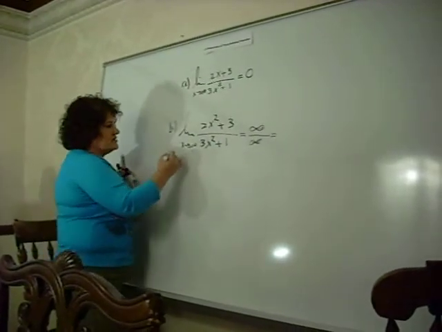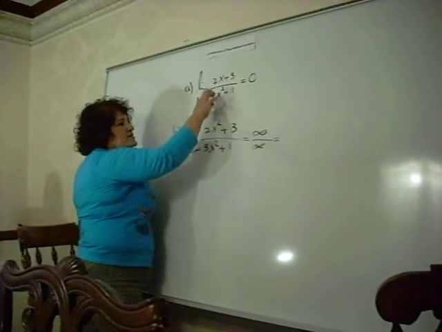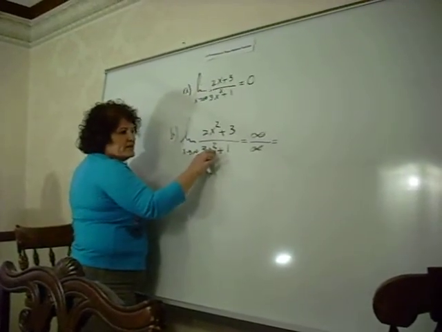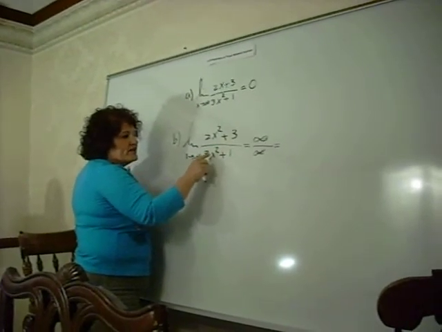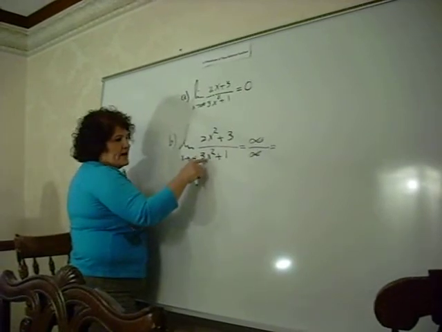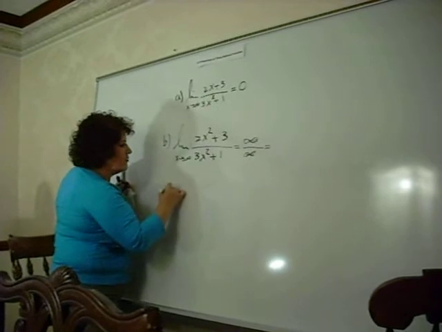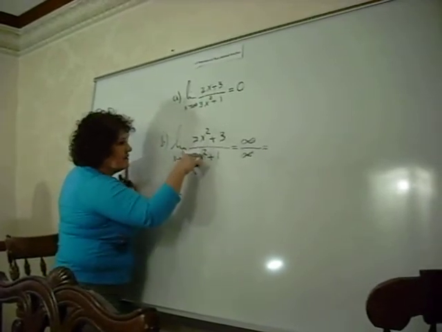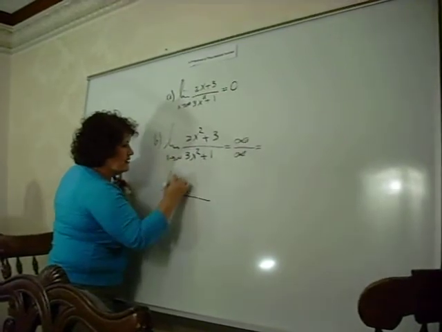For now, we don't care what the numerator is. We look at the denominator of the fraction, and pick the highest power of x. I see x is squared, so I'm going to divide the numerator and denominator by the highest power of x on the denominator, on top and bottom.